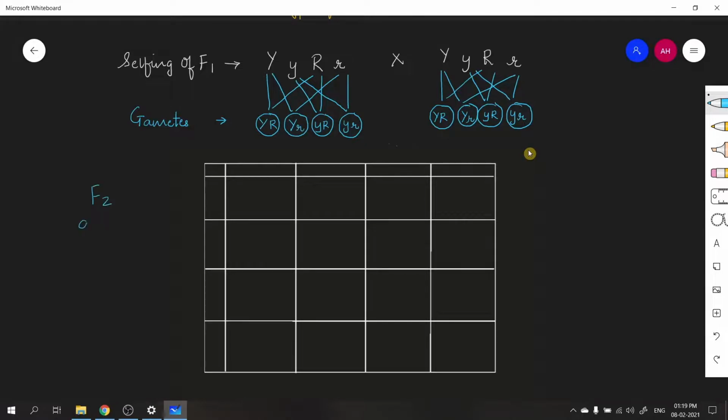So let me just label this as F2 generation. Alright, and these gametes that we have found out, we will place them on the table here, right? So let's say first we will write down the gametes here on top, and the other gametes on the side.